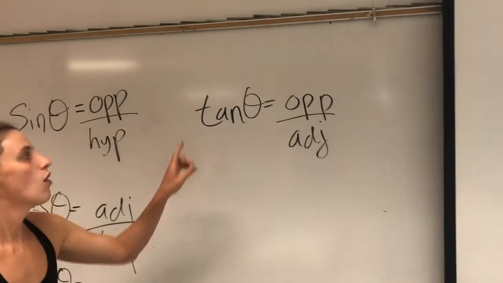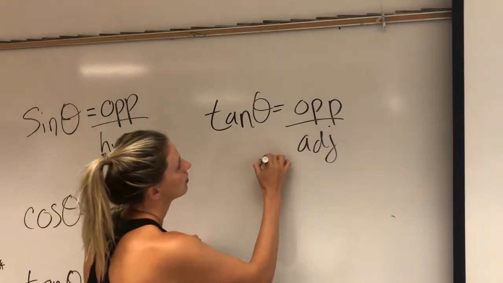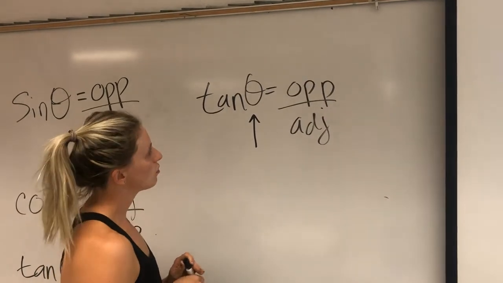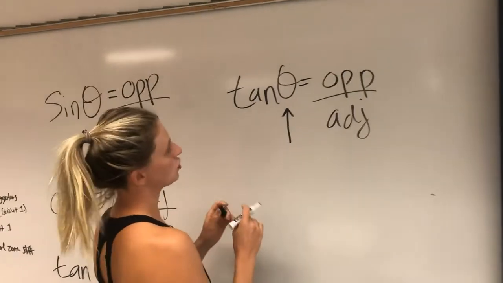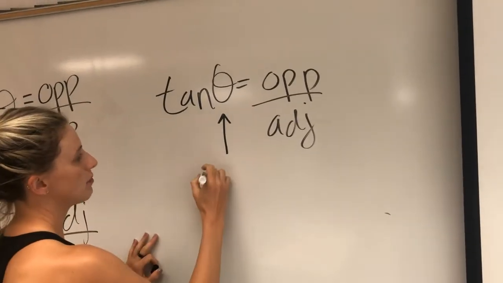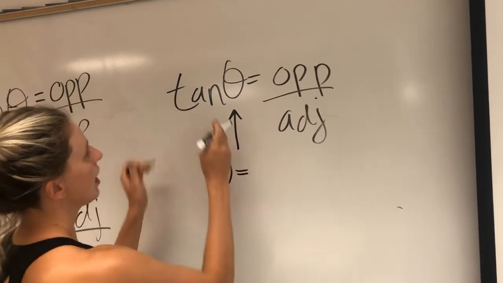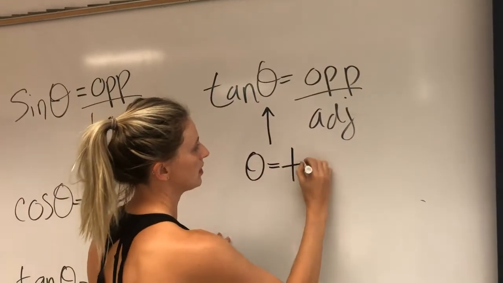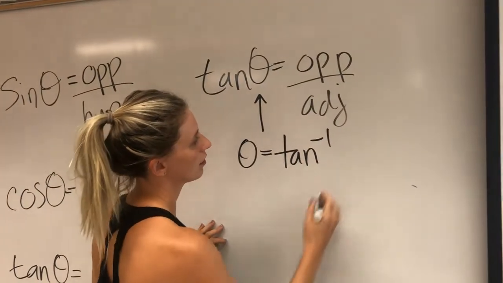Okay, we want this. How do we get this? So the way that you do this is you're gonna take what's called the inverse tangent. So I'm gonna say theta equals tangent -1.